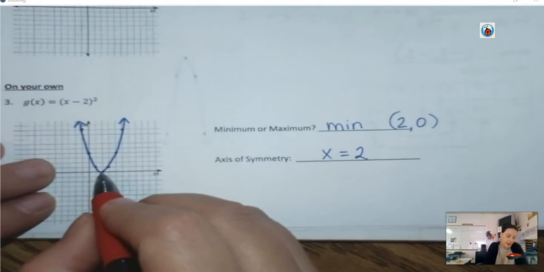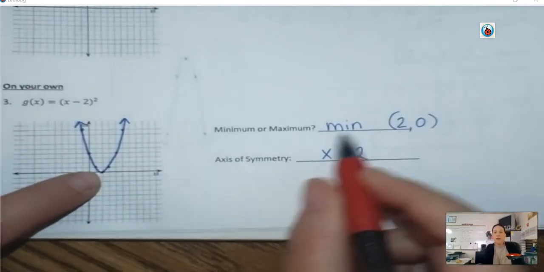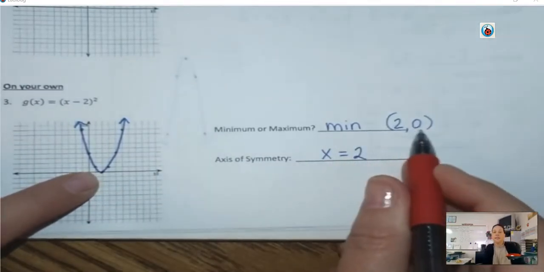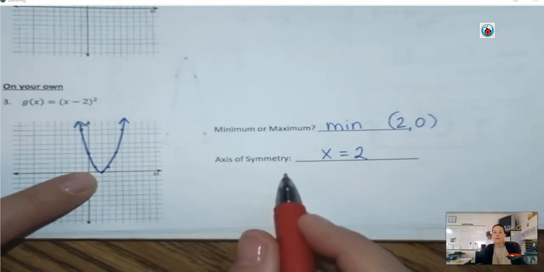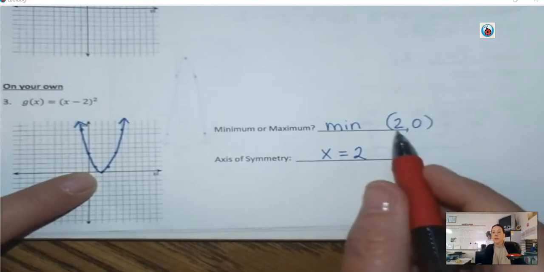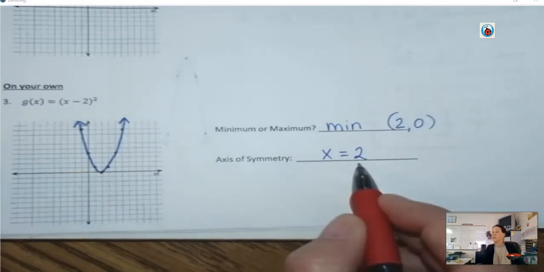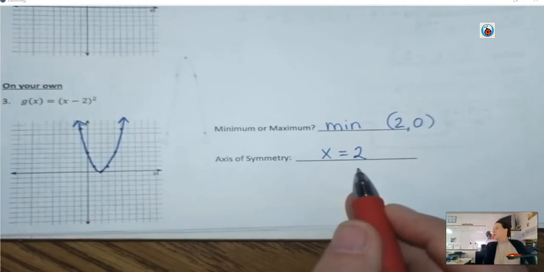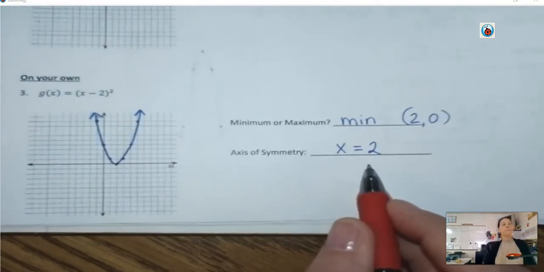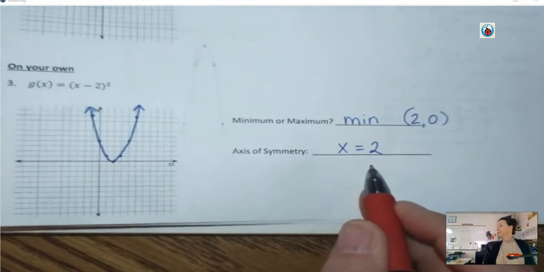And that bottom, that vertex, is the bottom of the graph, so it's a minimum, and it's at 2, 0. The axis of symmetry is always x equals, and it's whatever the x value is in the vertex. So x is positive 2. Questions on number 3? So far, so good?